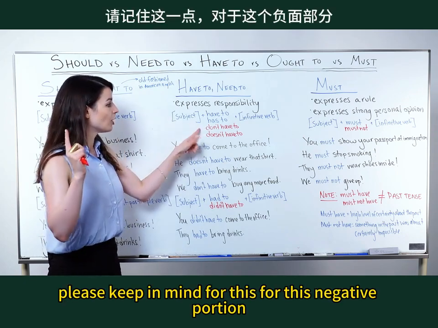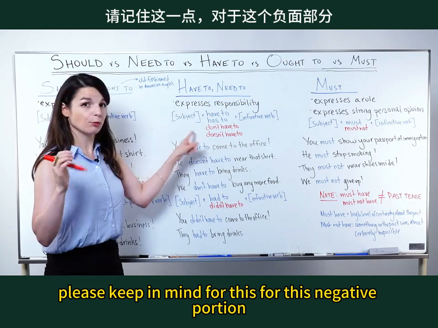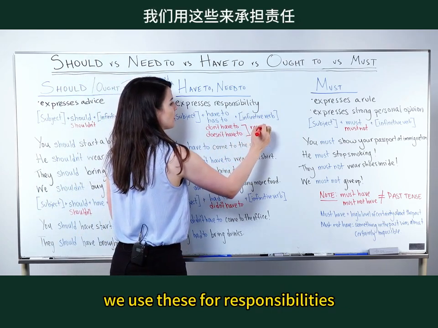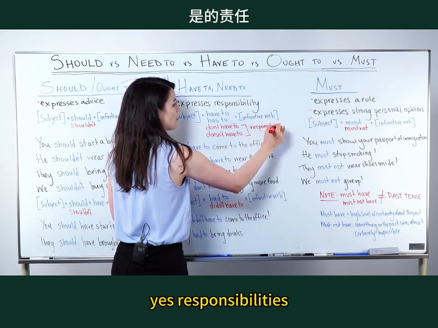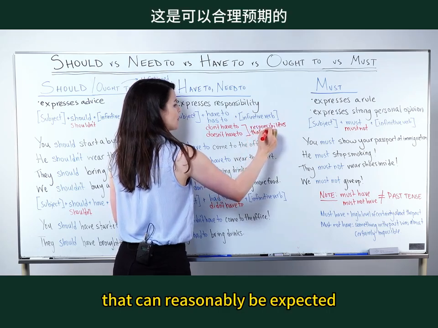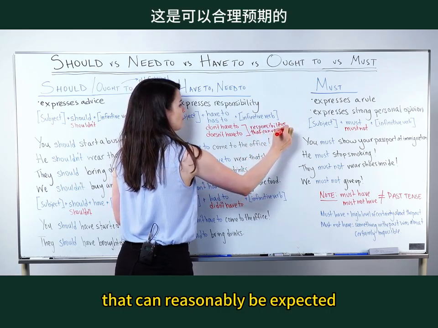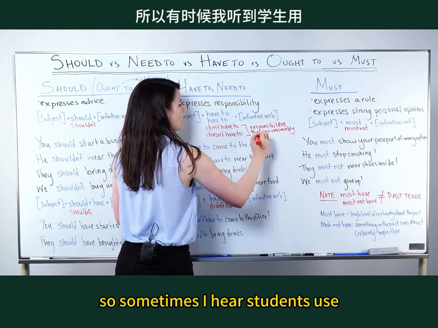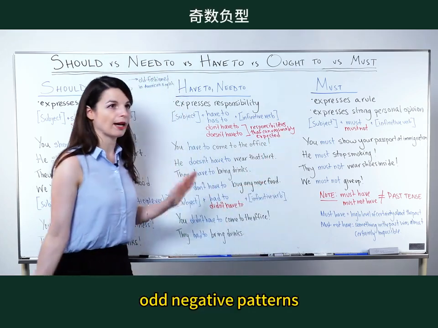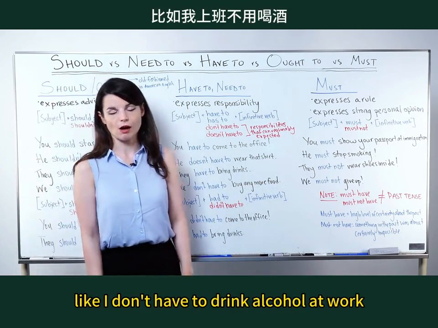Please keep in mind, for this negative portion, we use these for responsibilities, yes, responsibilities that can reasonably be expected. So sometimes I hear students use odd negative patterns, like I don't have to drink alcohol at work.